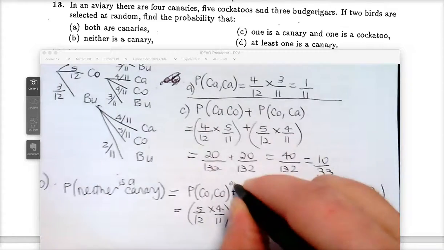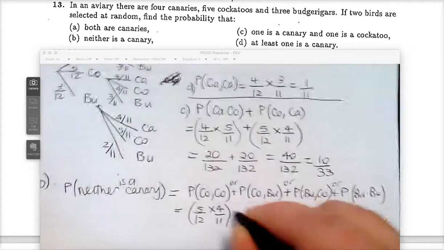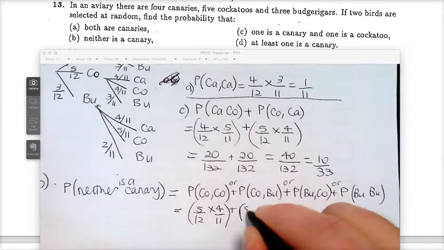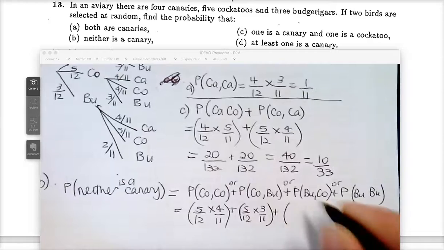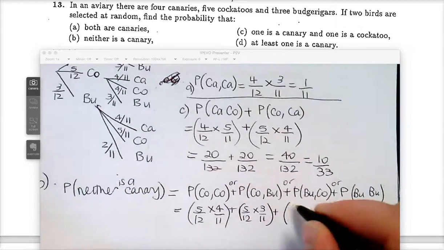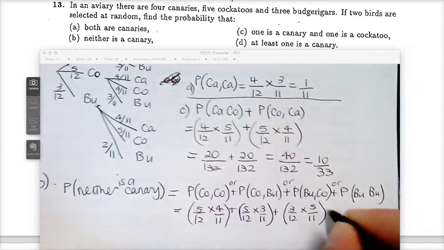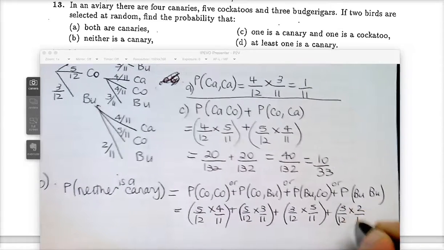All right, remember plus means or. Plus, what's CO? 5/12 times 3/11 plus BU, 3/12 times 5/11 plus 3/12 times 2/11.